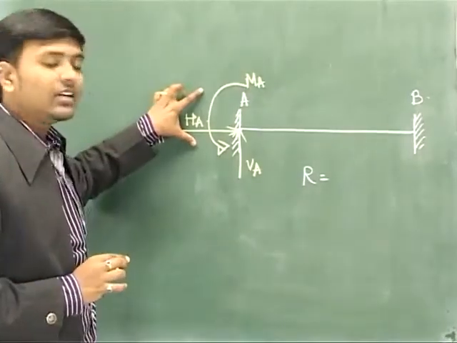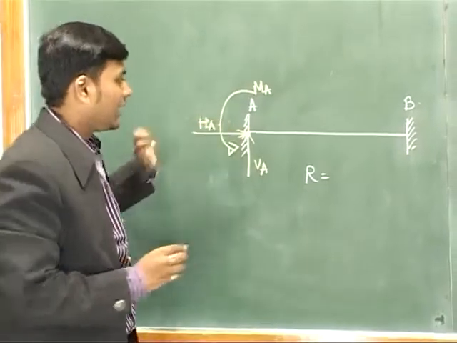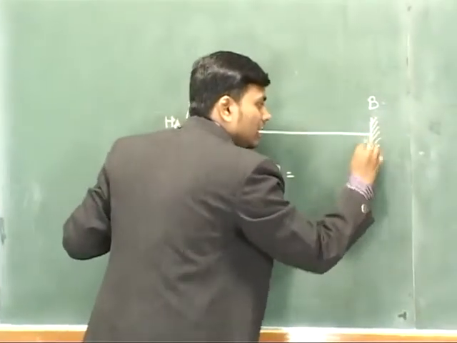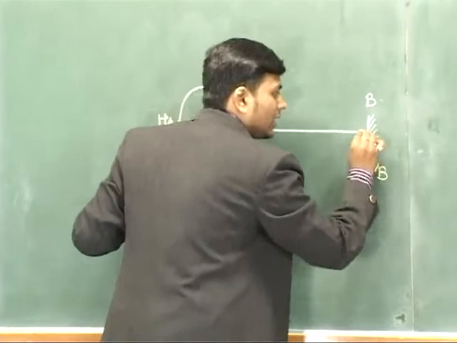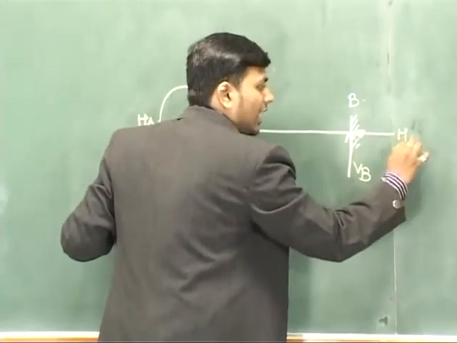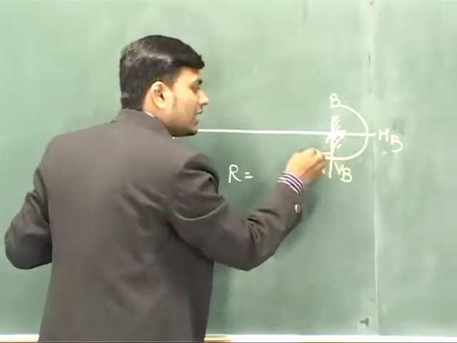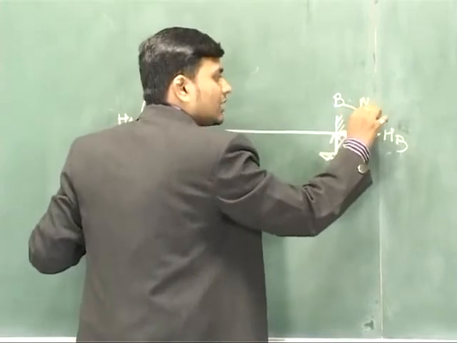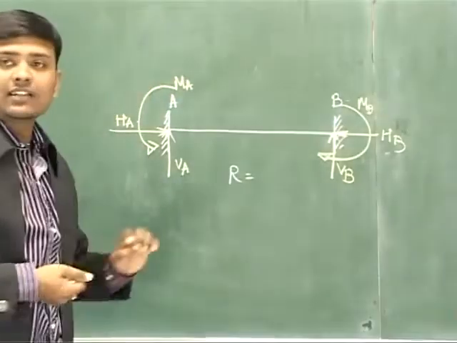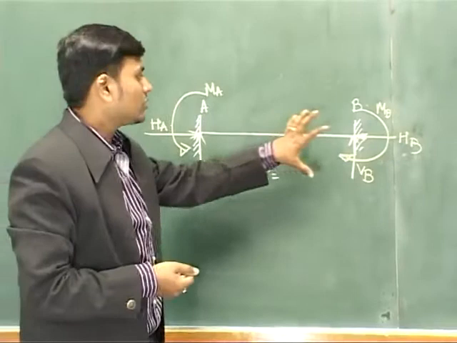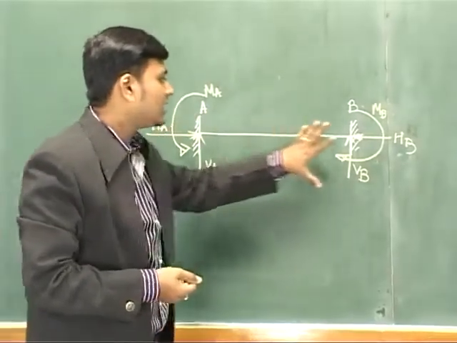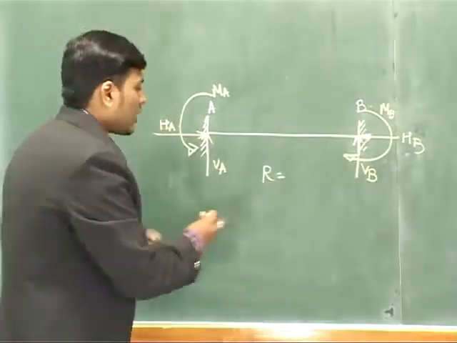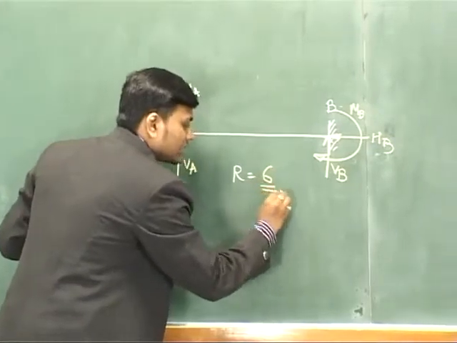So there are three reactions which are there at A. Same is the condition for B. So vertical reaction at B, horizontal reaction at B, and in addition to that there will be a movement at B. So reactions are nothing but number of constraints. So number of constraints at A are 3, at B are 3. So R will be equal to 6.